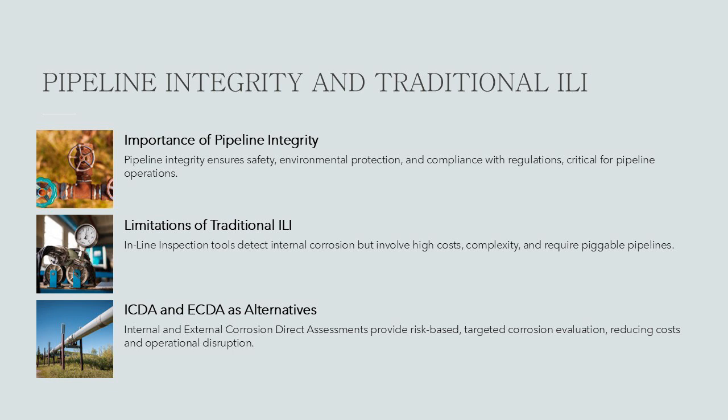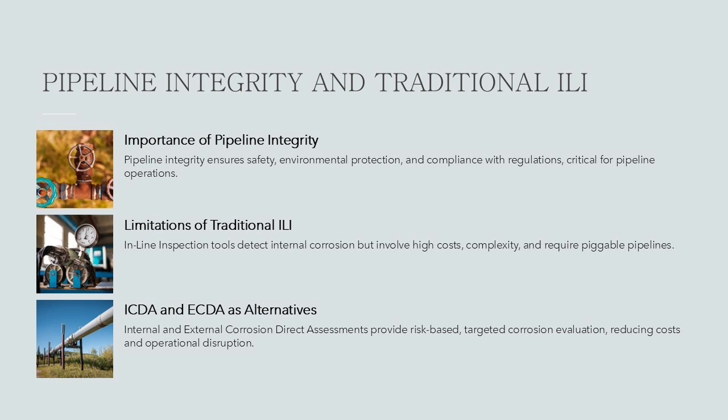While ILI provides comprehensive coverage, it comes with significant limitations such as high cost, operational complexity, and the requirement for pipelines to be piggable. Many older pipelines or those with complex geometries cannot accommodate ILI tools, creating operational challenges.